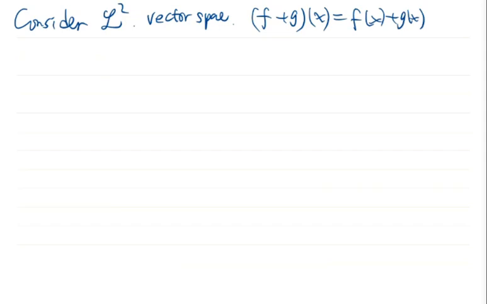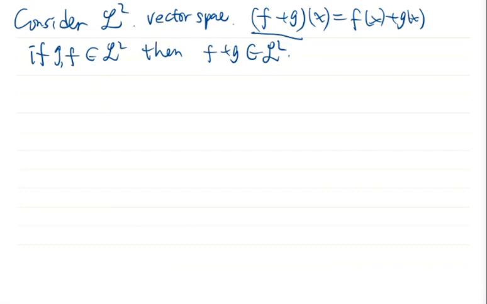So if f and g are square integrable, then so is the sum f plus g. So if f and g are in L2, then f plus g is also in L2. Therefore, you can define the addition in L2. If for some f and g in L2 the sum were not in L2, you could not define the addition in L2. Fortunately, this is true.